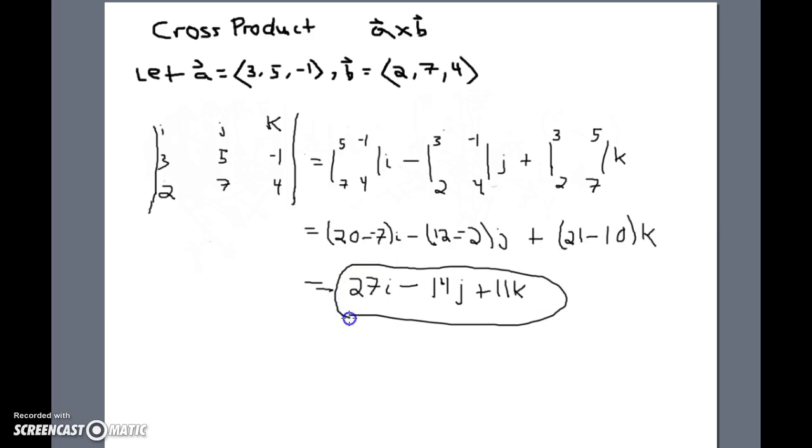So this is the vector that is perpendicular to vector A and vector B.